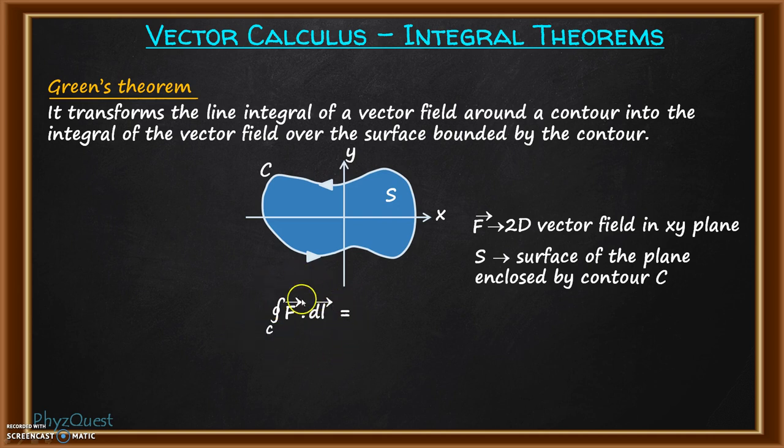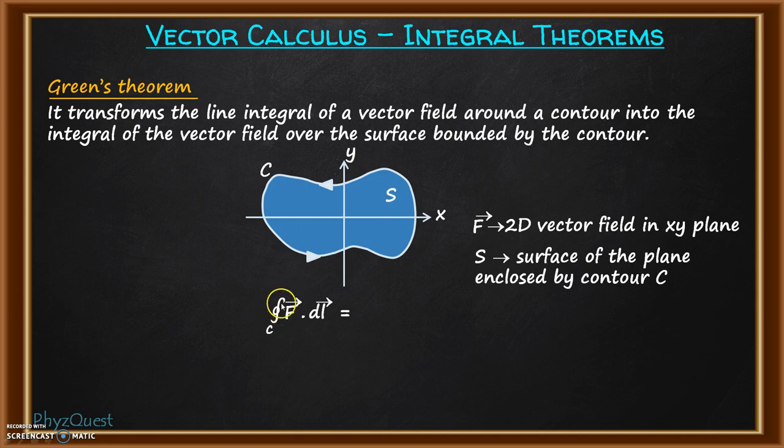Now we have to understand this term first of all. The line integral of the vector field over a closed curve C, what does it represent? First of all, let's consider a simple curve that is not closed. Suppose this symbol is not there.